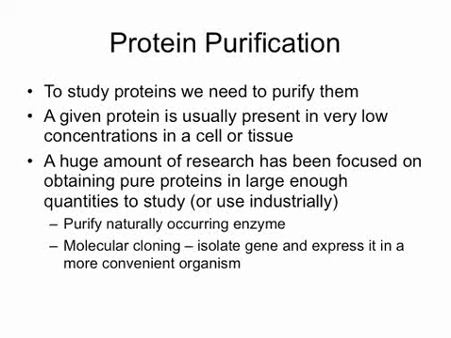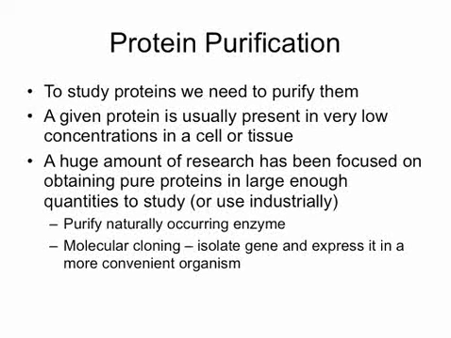How do we purify proteins in large enough quantities to do experiments with, to study, or to use in industry? Nowadays, lots of proteins, enzymes are used in things like your laundry detergent or to make stone-washed jeans or something like that. So in order to use those, it's usually necessary for us to get it in relatively pure form.